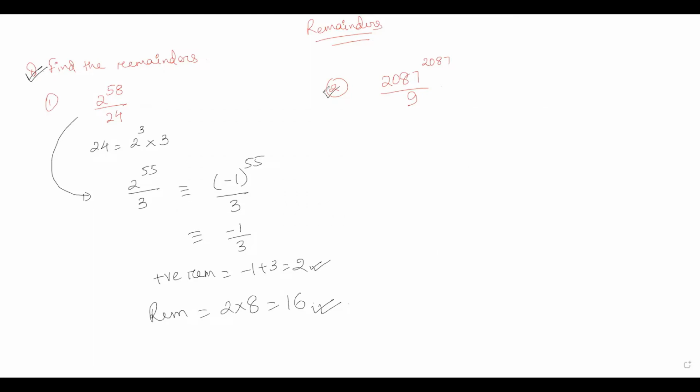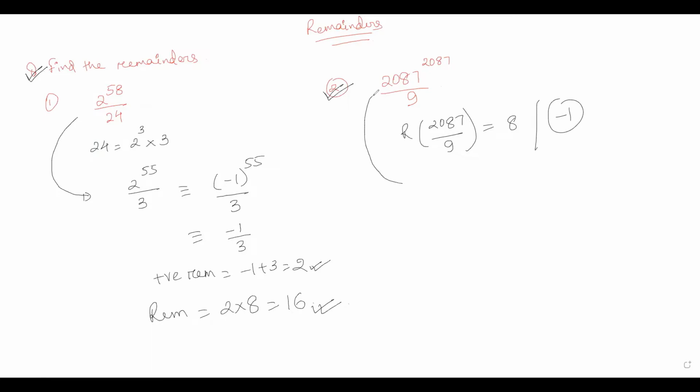Now, let us see the second one. So here we need to find the remainder when 2087 raised to power 2087 is divided by 9. Well, initially this seems to be a very difficult problem, but if you observe carefully, the remainder when 2087 is divided by 9 is 8, that is the positive remainder, or we can say that -1 would be the negative remainder.